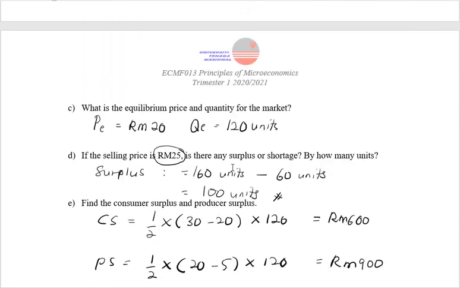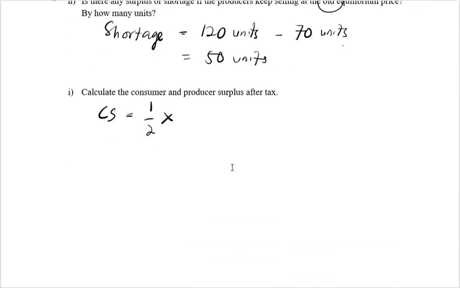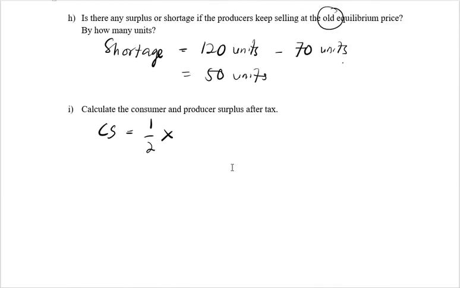So when you calculate, the height is 30 minus 22 ringgit and 50 cent, the base is 90. So what you get for consumer surplus is RM337 ringgit and 50 cent.